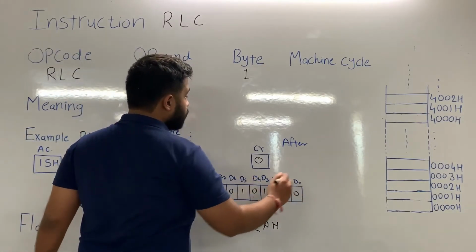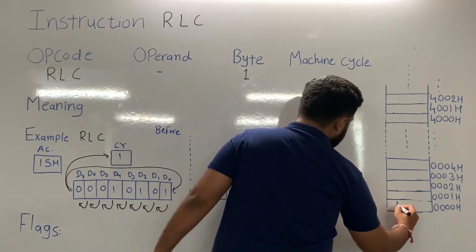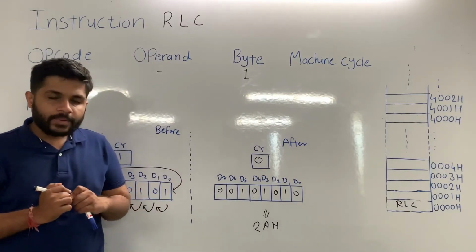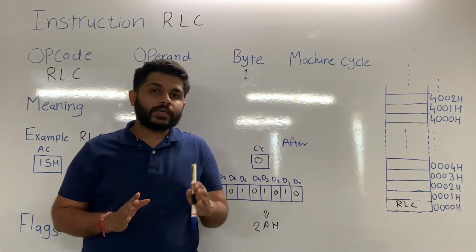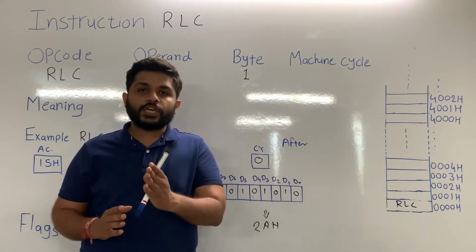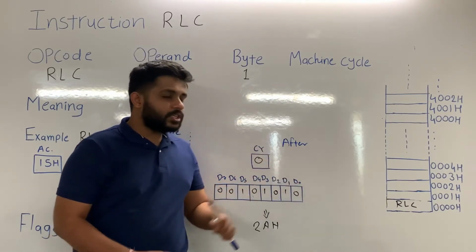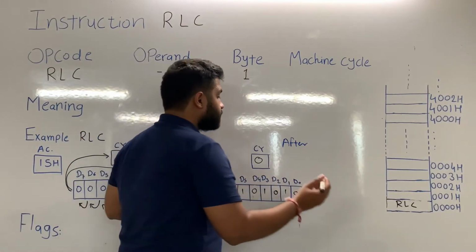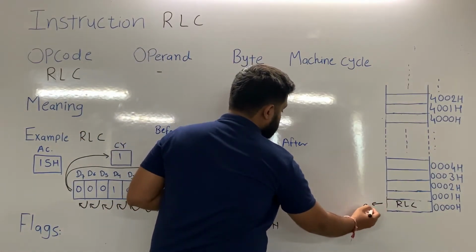So in one location, this whole instruction will be stored, that is RLC. After all instructions are stored in the memory, the processor will start doing its work, that is fetch, decode and execute. To fetch the instruction, the first machine cycle that the microprocessor is going to perform is opcode fetch.